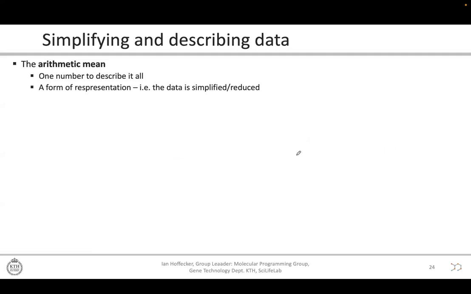So that's visualizing data, and often we want to describe it as well. One of the basic ways we can do that is with the arithmetic mean. Now, instead of reducing our data to a set of bins, we're reducing it even more to just a simple number.